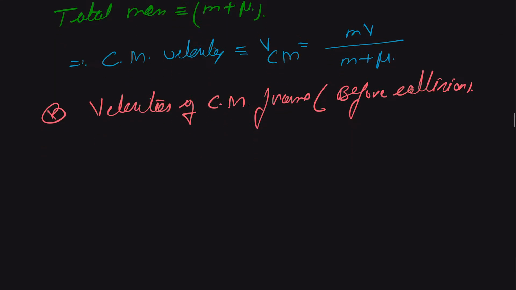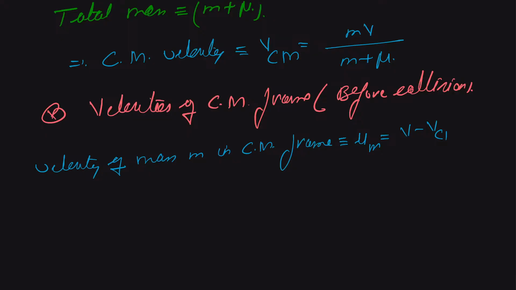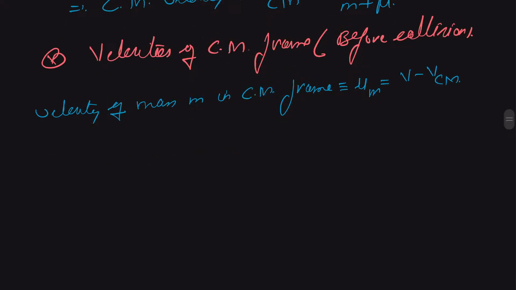And so first of all we are going to write velocity of mass small m in center of mass frame, and let us call this as um, and this um will be equal to its own velocity minus the center of mass velocity.